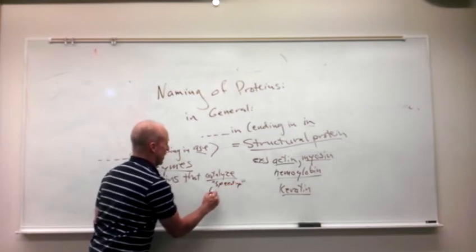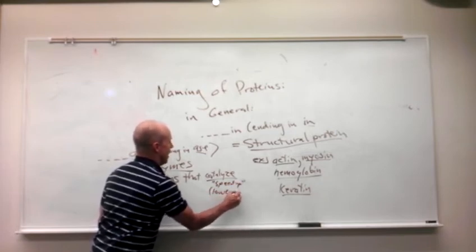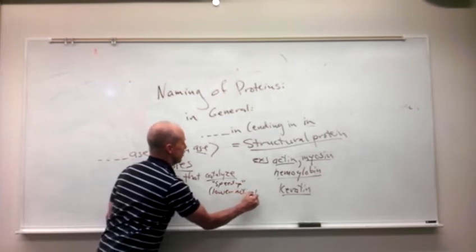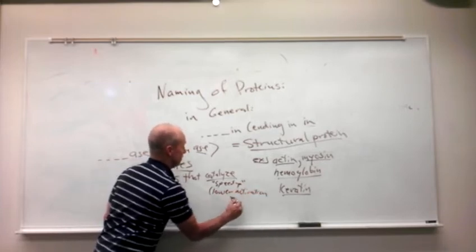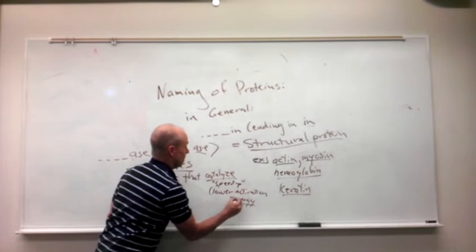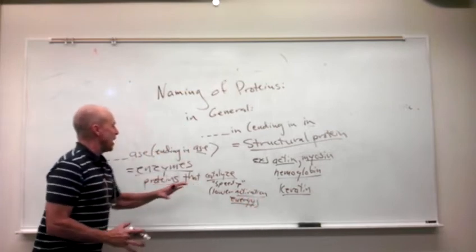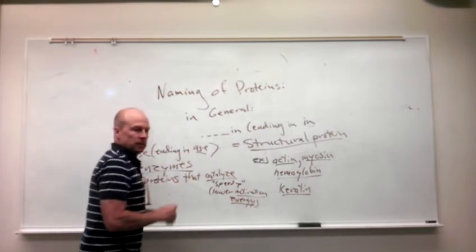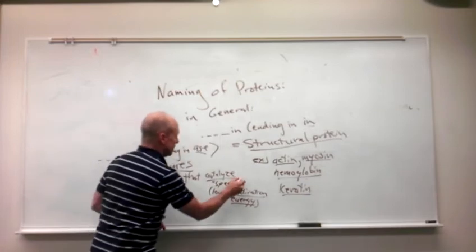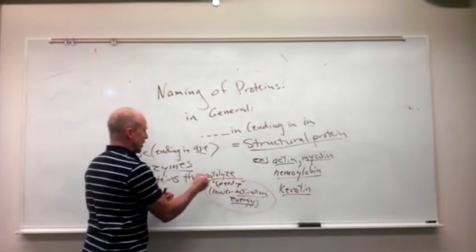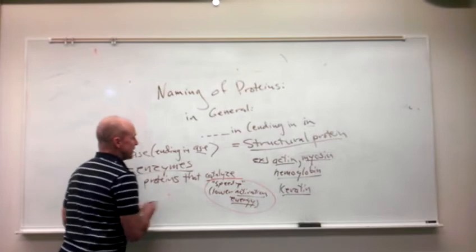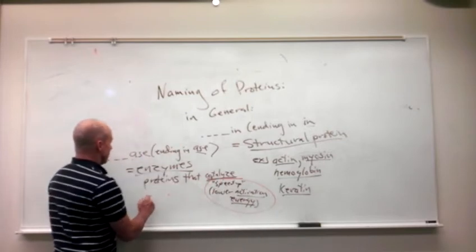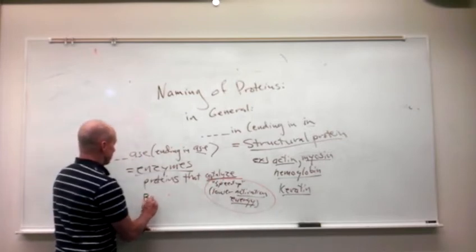Later on, we're going to say lower activation energy. This is all for later. So enzymes that catalyze, I apologize for this little fill-in right here. That just kind of goes with the word. But things that catalyze biochemical reactions.